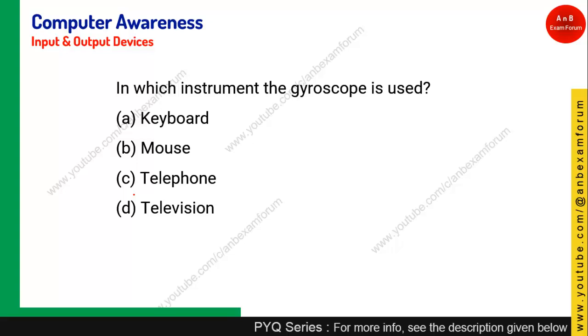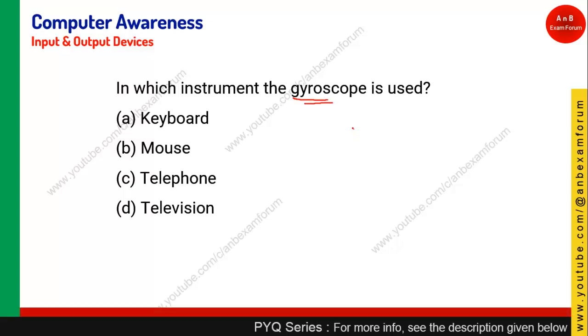Let's see who can give this answer. In which instrument is the gyroscope used? What is a gyroscope? A gyroscope is used to measure rotations basically. As you know, in earlier days we had a mouse with a ball at the bottom. That ball is basically a gyroscope, which on movement moves the cursor at the rate.